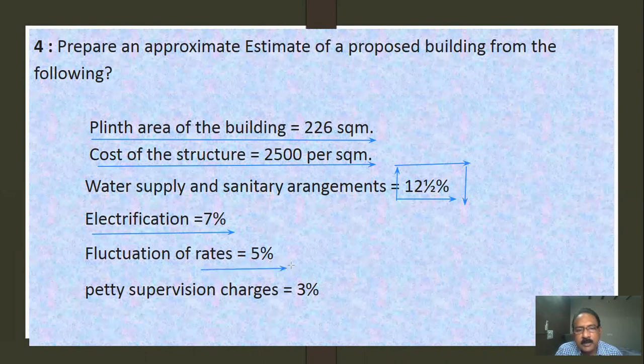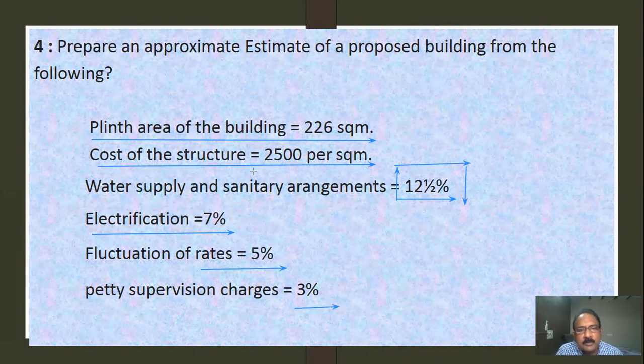The cost may vary because the construction may have been made last year or before 2 years. So the cost may vary regarding cement, steel, labor, like that. Fluctuation rates will be added to get the approximate estimate of the building. Petty supervision charges are 3%. This is the problem given.